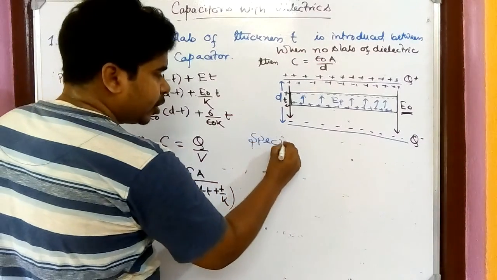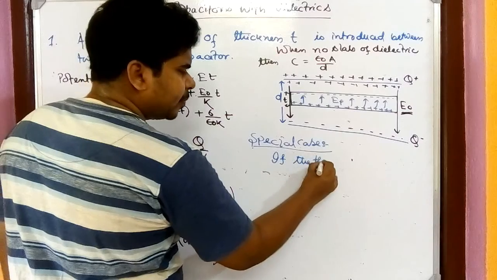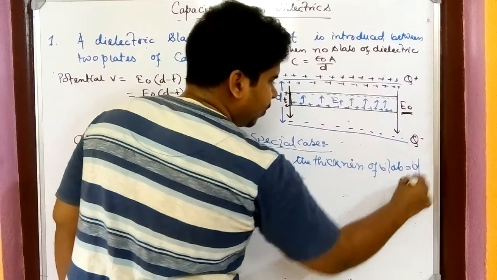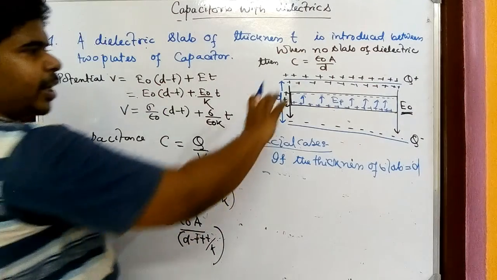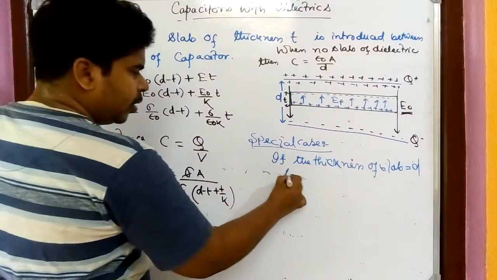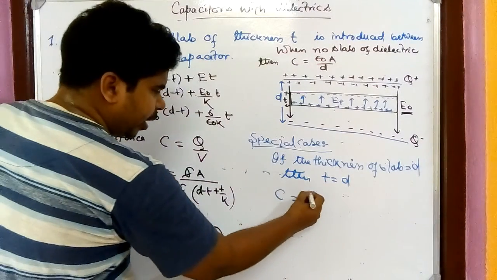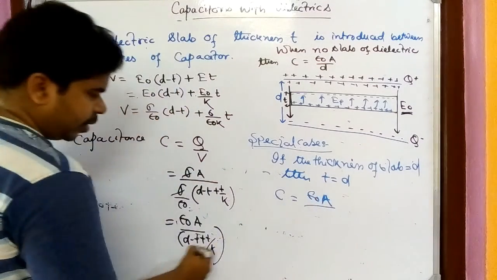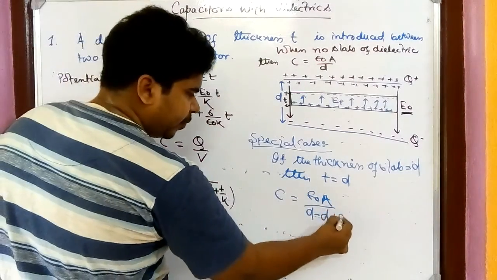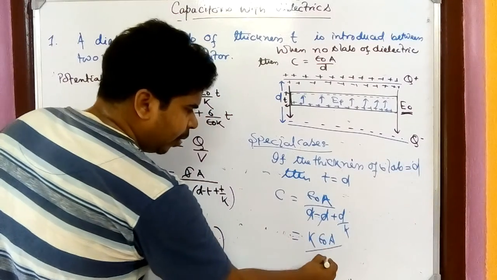If the thickness of the slab is equal to D, meaning we have taken a slab which totally occupies the space, then T equals D. If we put the value here, C equals epsilon naught A by D minus, instead of T I write D, by K. So this D will cancel out, giving K epsilon naught A by D.